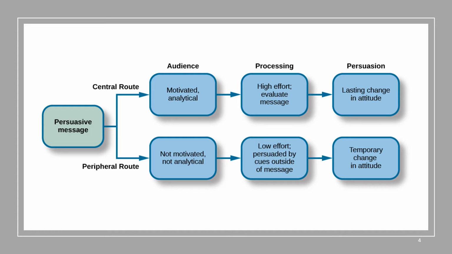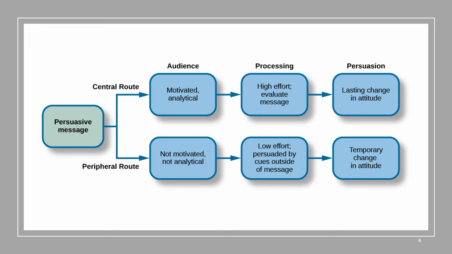So if we take a look again at the central and peripheral routes of persuasion, we can note that the central route to persuasion consists of thoughtful consideration of the arguments, ideas, and content of the message. When a receiver is doing central processing, they are being an active participant in the process of persuasion. And central processing has two prerequisites.